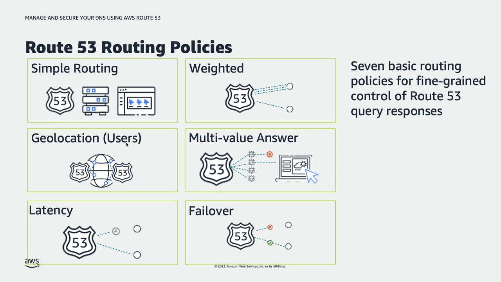Geolocation is also quite interesting, especially if you have certain restrictions, where you can't let certain customers access your infrastructure in certain countries, right? So some countries are banned from using certain websites. So geolocation routing is great for that.